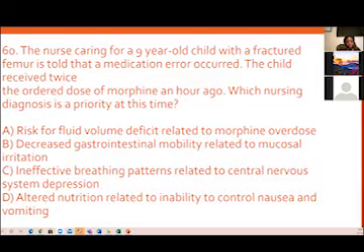Mm-hmm. It's not D. Okay, it can be A or C.